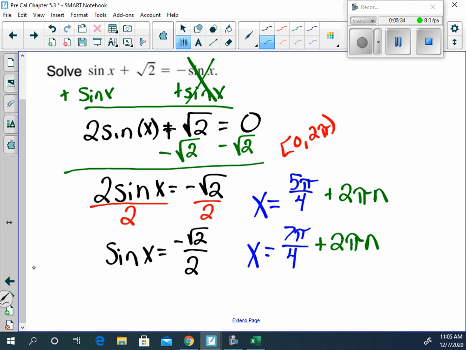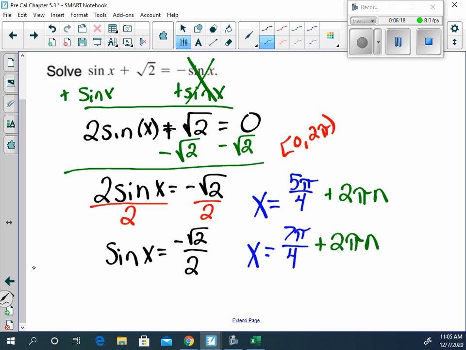Say 0 and pi were the answers, it'd be pi n. Because if I add pi, I get 2 pi, and it works out that I could just use pi, because the solutions repeat at 0, 1 pi, 2, 3, 4 pi. There are some where we don't have to use 2 pi if the solutions are a distance of pi apart.